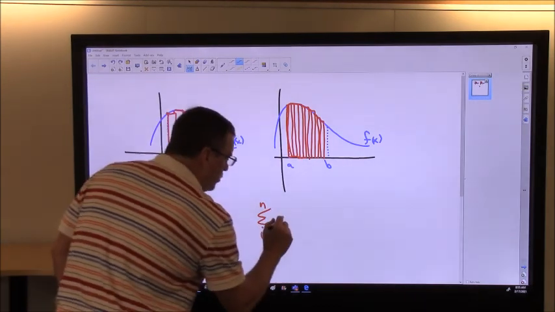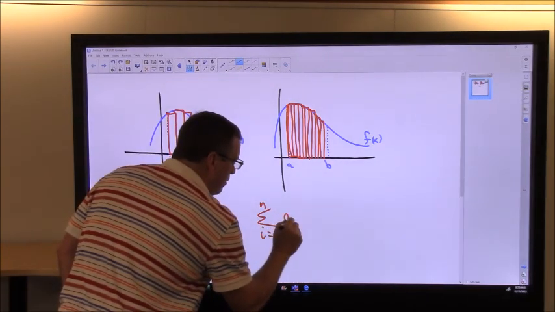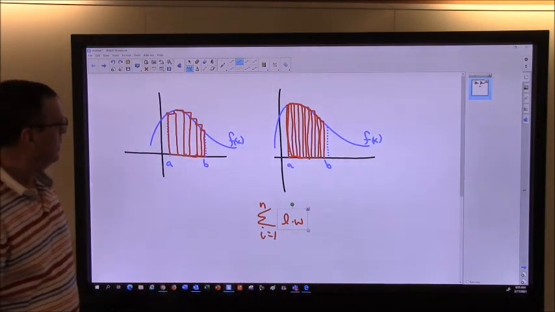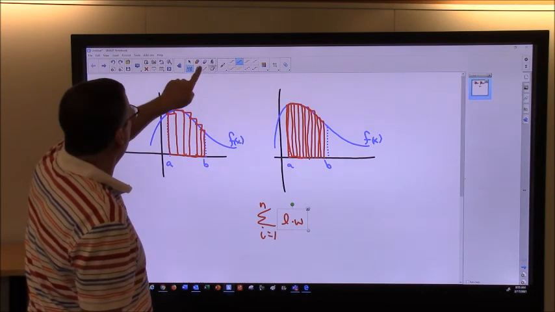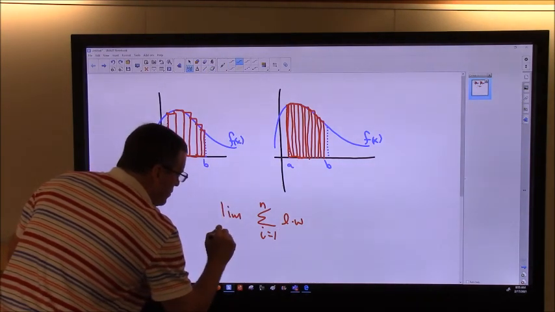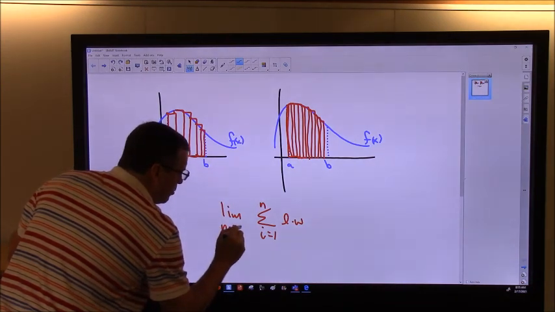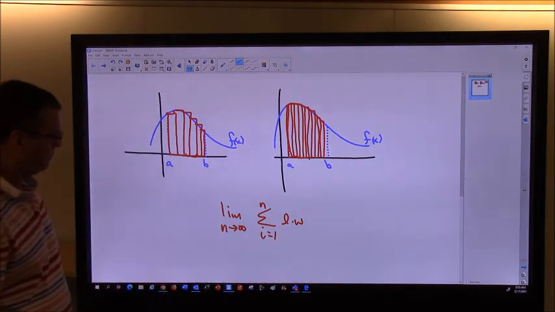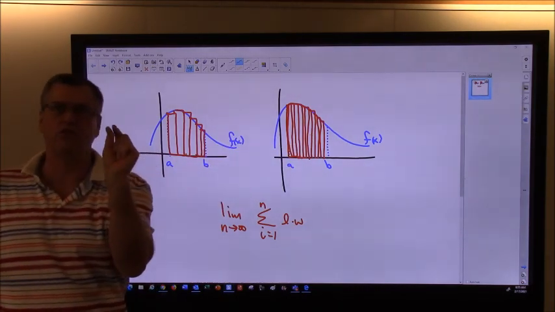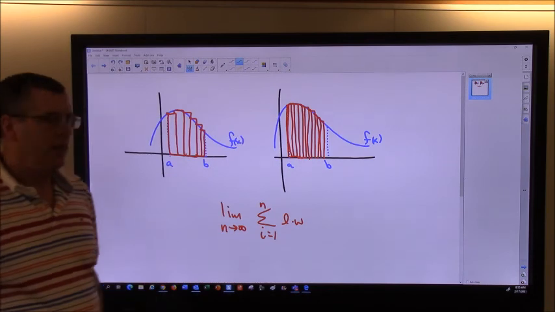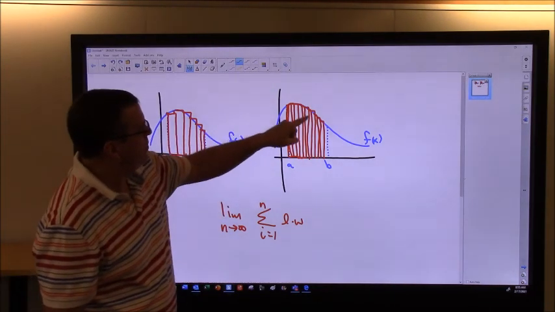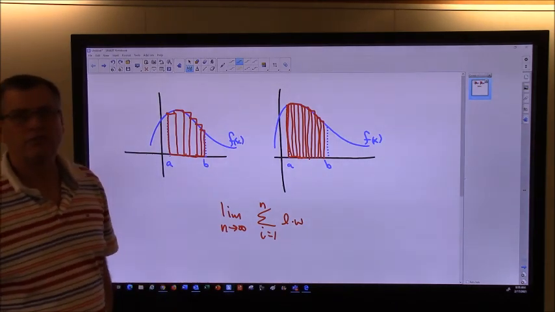And I'm going to do a whole bunch of length times widths over here. And what I really want to do is the limit as the number of rectangles approaches infinity. If the number of rectangles approaches infinity, then the width is getting close to 0, right? And the more rectangles you have, the better your answer becomes.